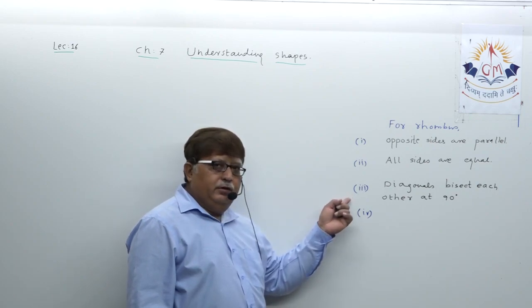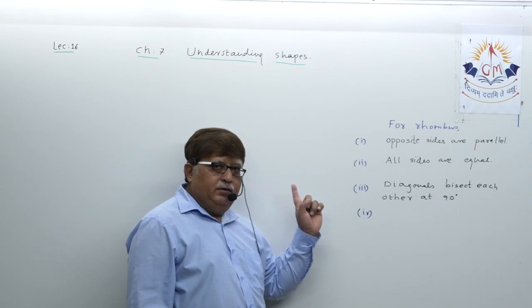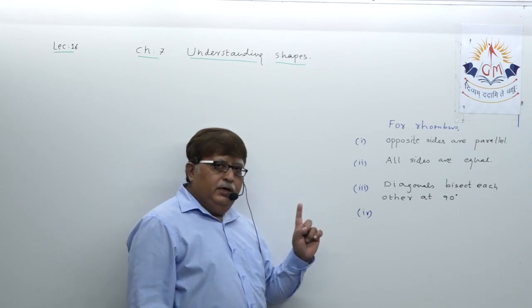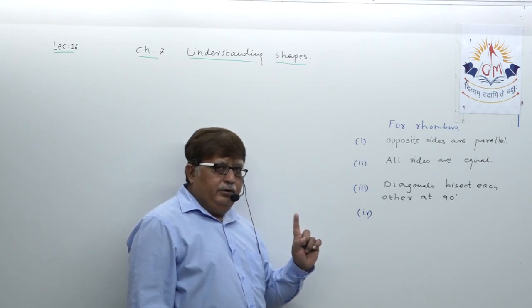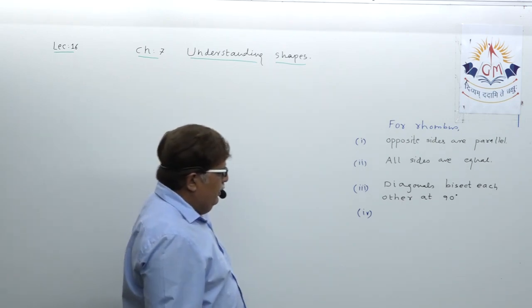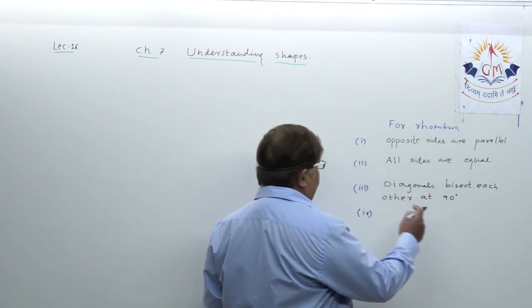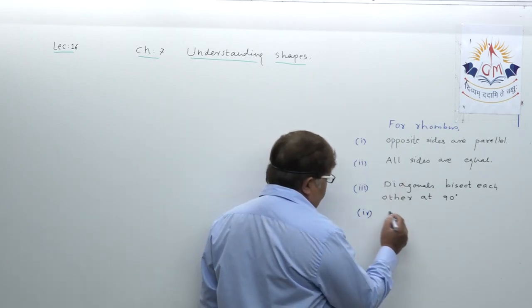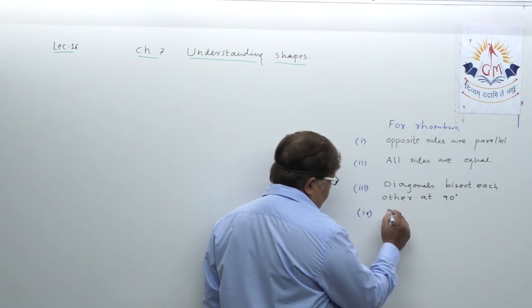This is a contrasting fact that diagonals bisect each other perpendicularly. Understood?